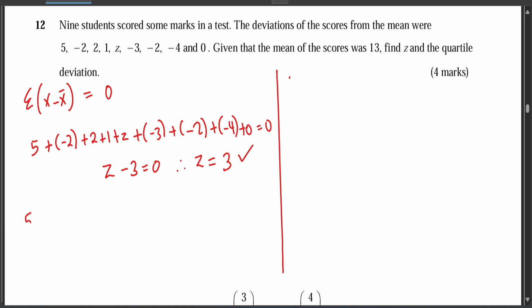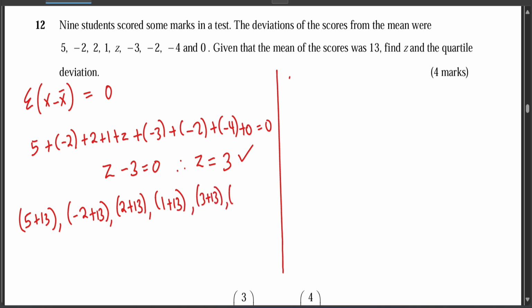So for example, I'll take 5, add to 13, then take -2, add to 13, then 2, add to 13, then 1, add to 13, then z, our z is now 3, so 3, add to 13, then -3, add to 13, then -2, add to 13, then -4, add to 13, and 0, add to 13.